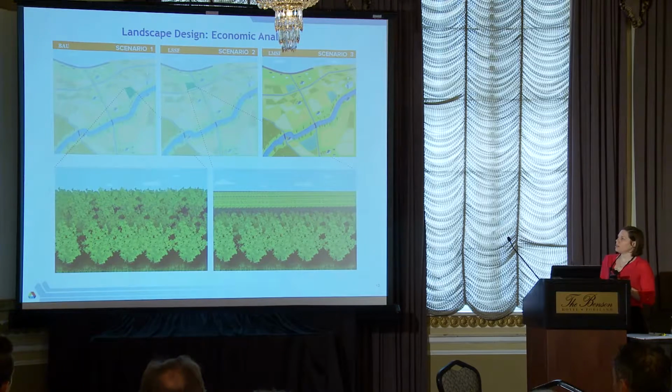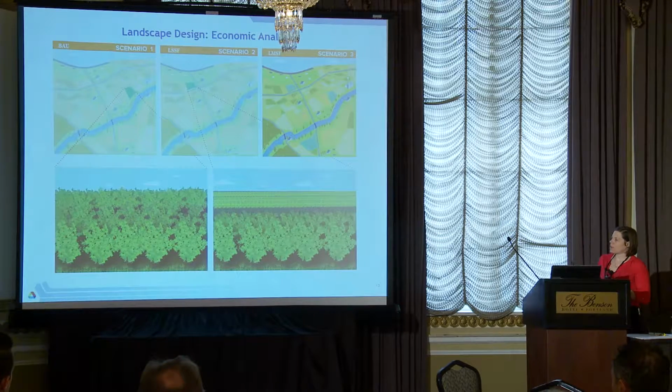So we use Tim Volk and his team's work, the Willow model 2.0, which looked at the production and transportation costs for a willow production system. In this case, we're looking at what it would be in Illinois based on our work at our field site, as well as recommendations from Tim's team.